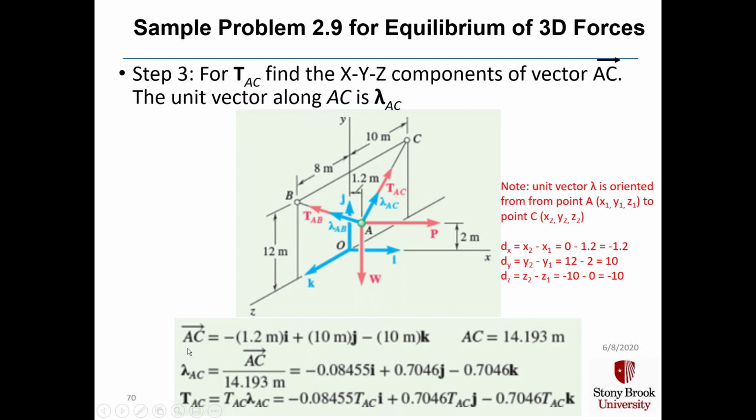The vectors AC, lambda AC, and T sub AC are formulated exactly in the same method as T sub AB. You'll get three constants. One multiplies T sub AC times i, a second multiplies T sub AC times j, and the third constant multiplies magnitude T sub AC times k.